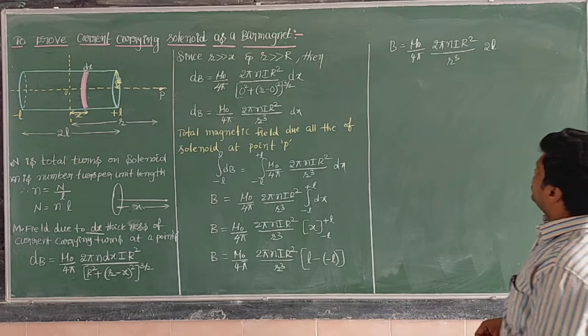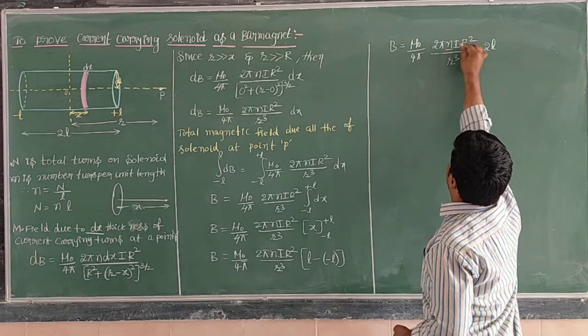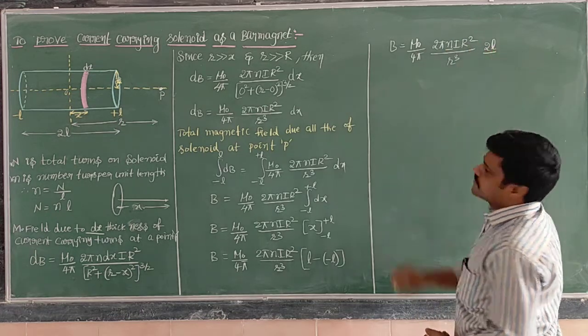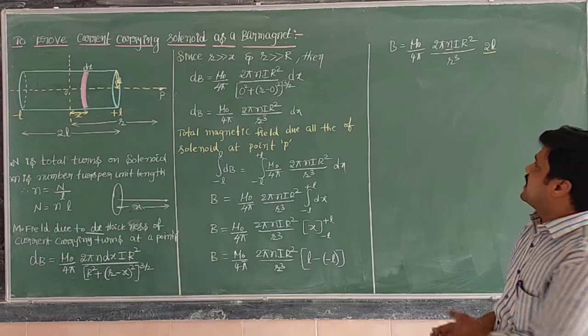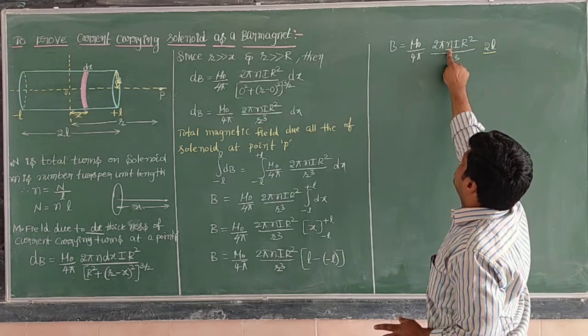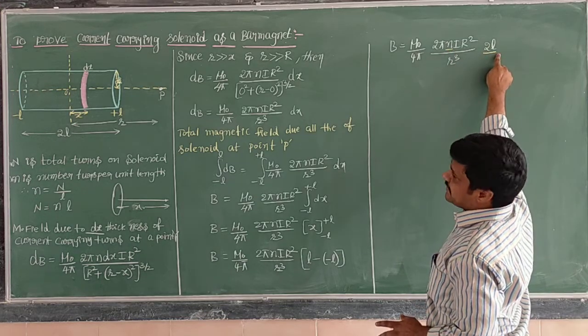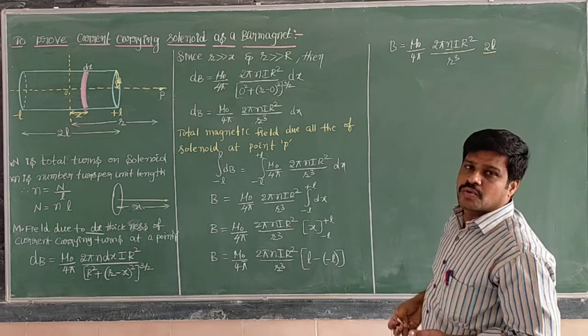You just observe here this n and 2L together, that means number of turns per unit length times the entire length gives the total.